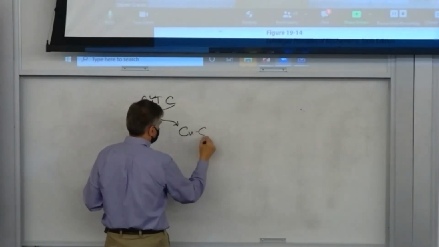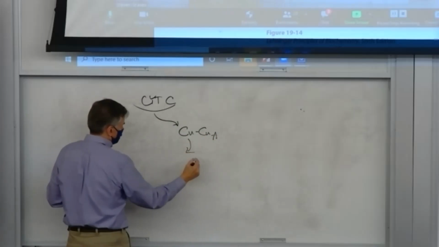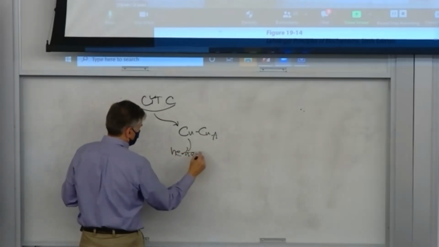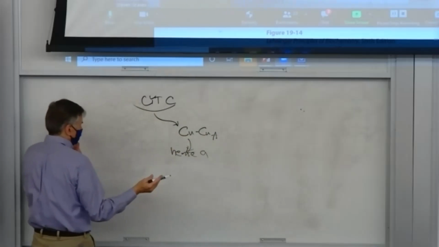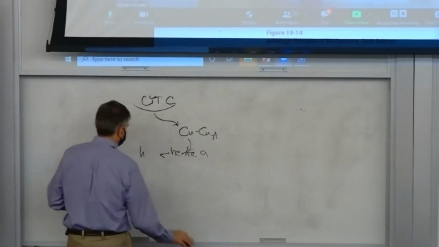We have this copper A center, and we have this heme A. So these electrons move easily through these centers, and then we get to the heme A3.